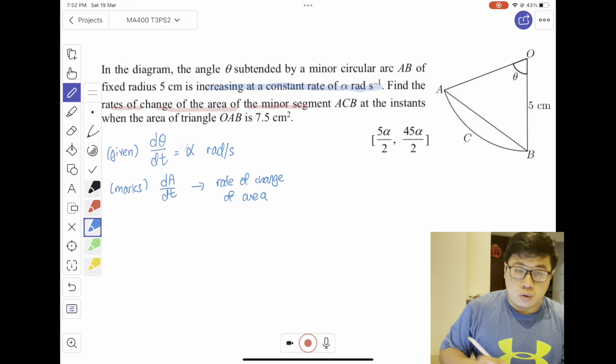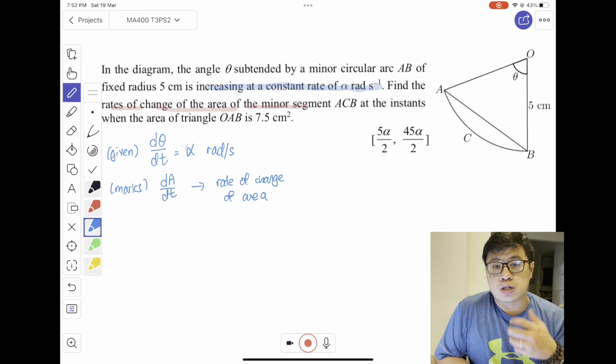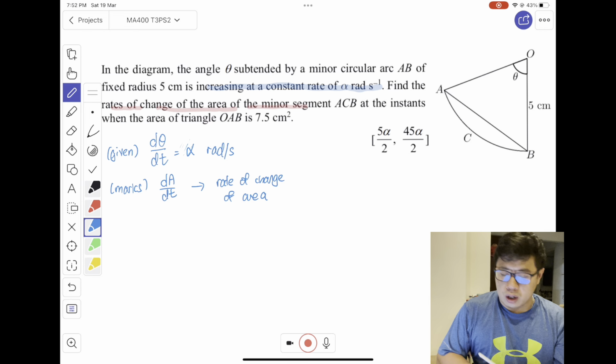Okay, so then after that, what's hidden? Remember, there's always the third one that's hidden, the part where we actually need to do the re-expression and the differentiation, the one with the most work.